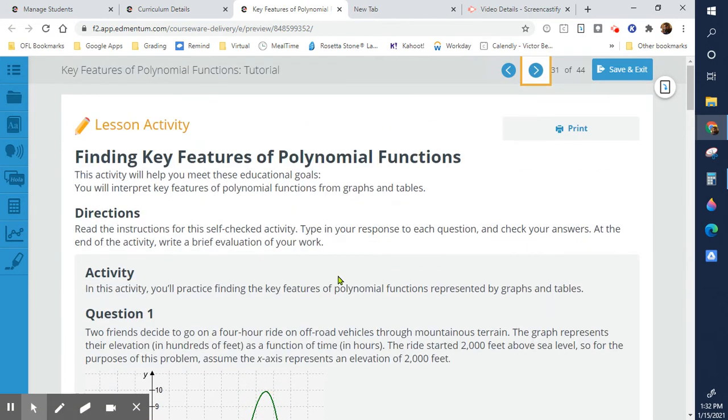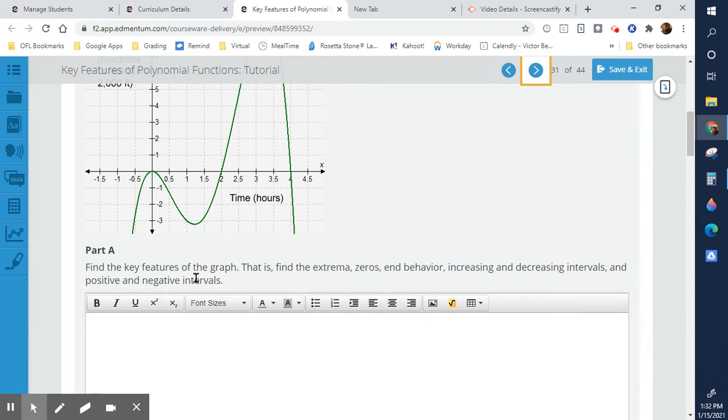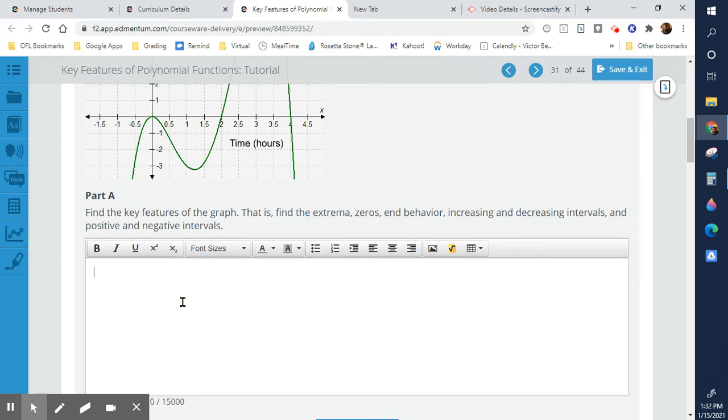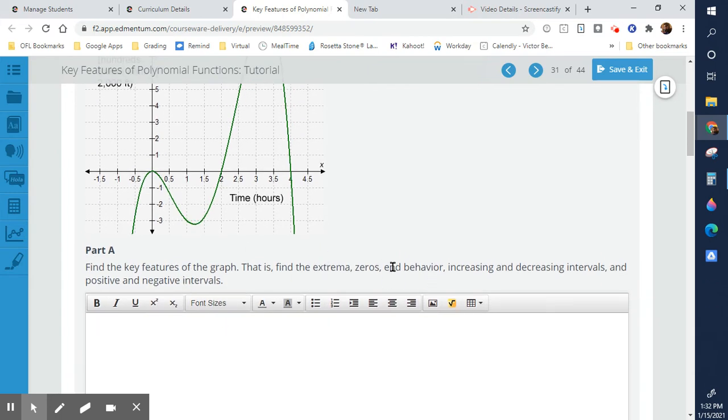All right, finding key points on polynomials. So let's get this worksheet. Find the key points of the features, that is, find the extrema. First, let's figure out where we're bounded. Oh, they're not asking us to find where we're bounded. Because they're talking about end behaviors, we're probably not going to find our bounds.